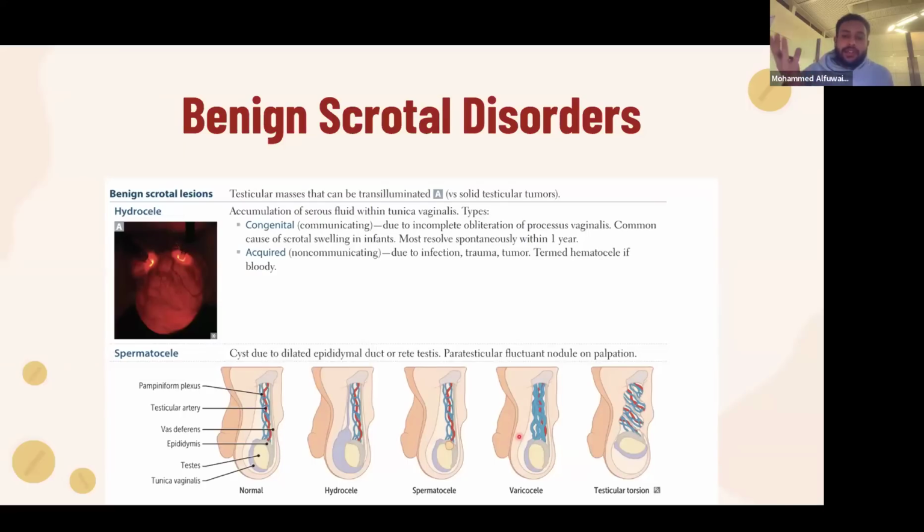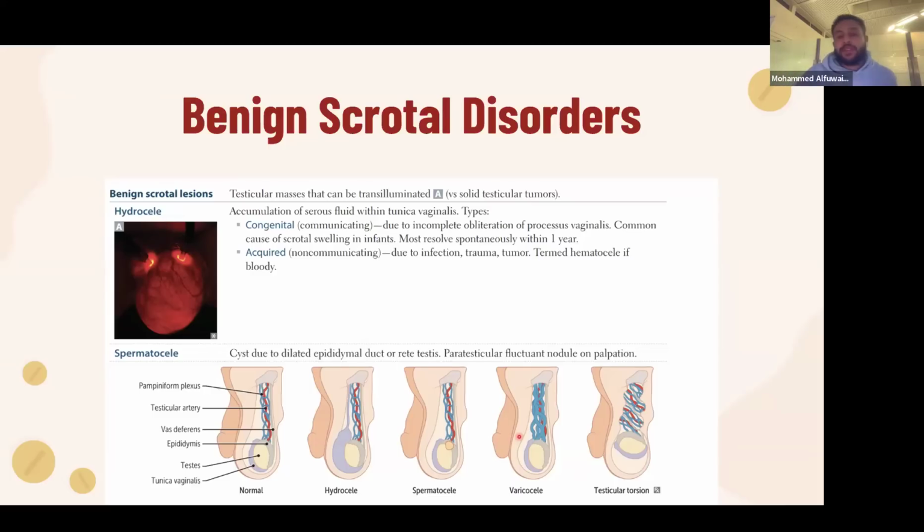Enlarged scrotum that transilluminates. What do you suspect? Hydrocele. The key term is transillumination. It's the only one. Good. Dilated veins or bag of worms appearance in a scrotum. Varicocele.